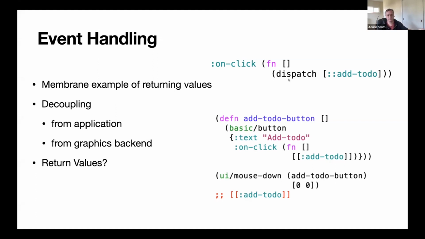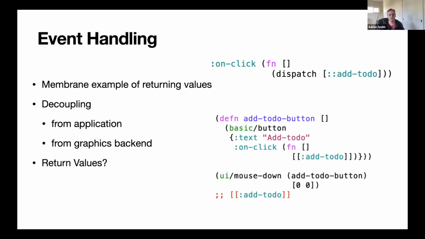On the bottom here is what it looks like in Membrane. I don't think this is the only way to do it, but hopefully it gives you a concrete example. You have a button with an on-click handler, and instead of immediately dispatching the effect, you just return the intent. And here it's a list of intents, so that's why there are the double square brackets.